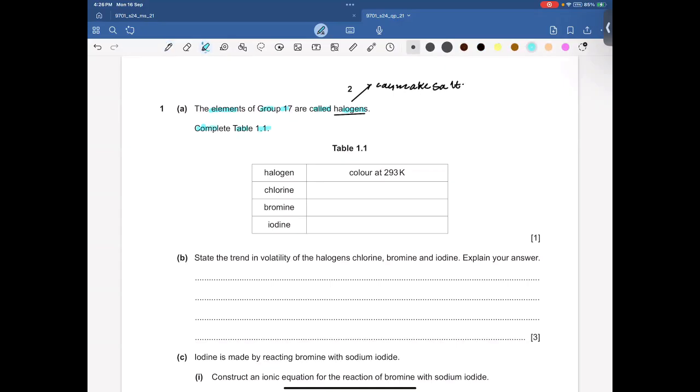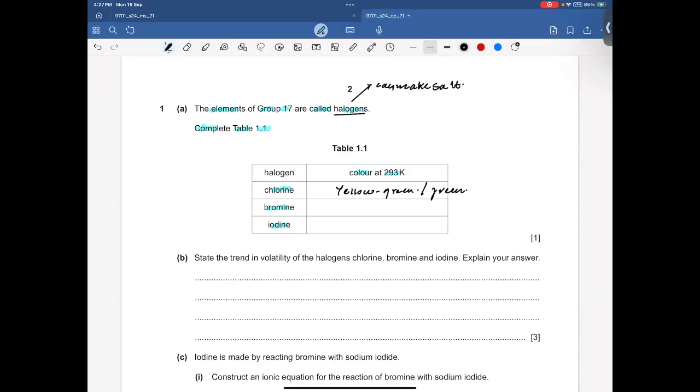Complete table 1.1. We have chlorine, we have bromine, we have iodine. The color at 293 Kelvin. 293 is basically the room temperature. Chlorine has a yellow-green color, or just green also.